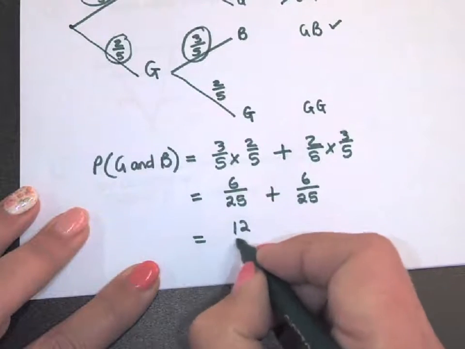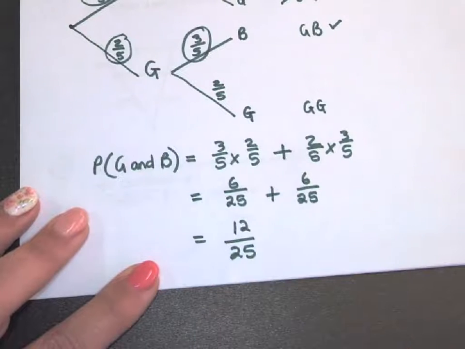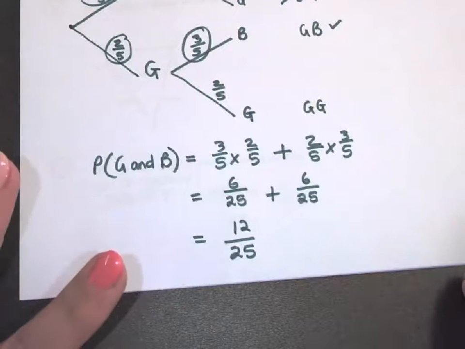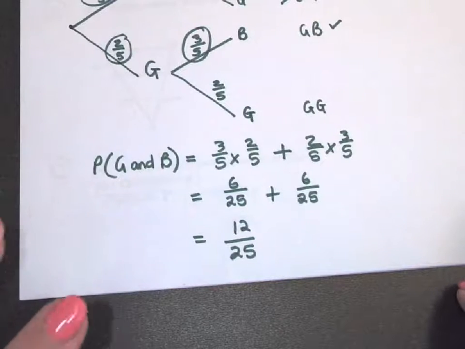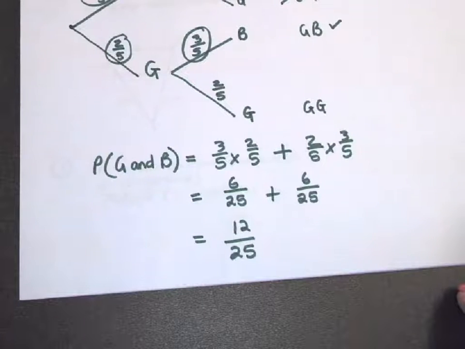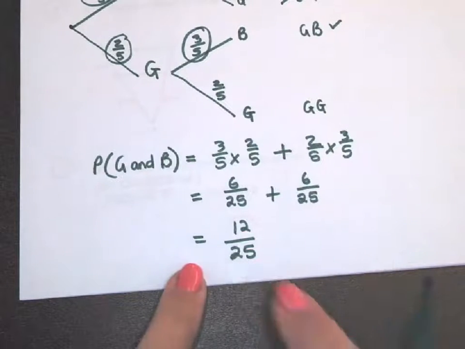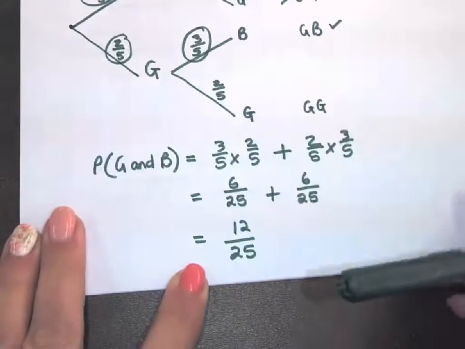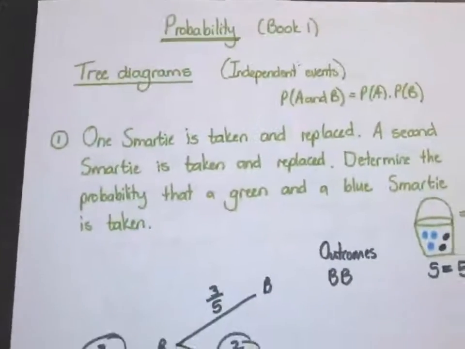That gives you 12 over 25. So if you have 5 Smarties, where 3 are blue and 2 are green, and you need the probability of taking one color of each, the probability will be 12 over 25. Any questions? Let's move on to the next one.